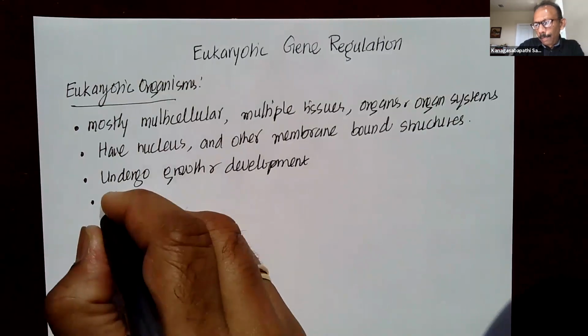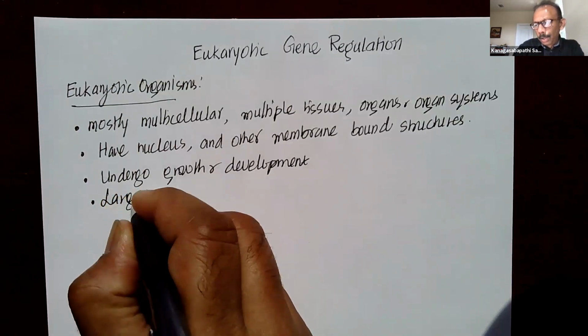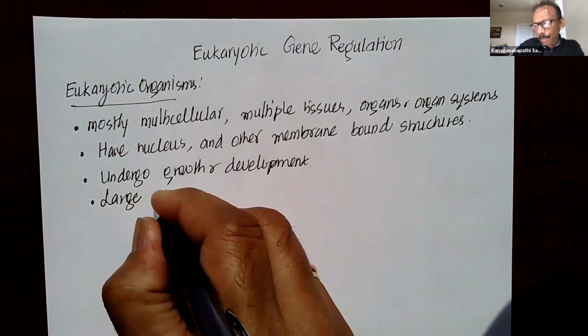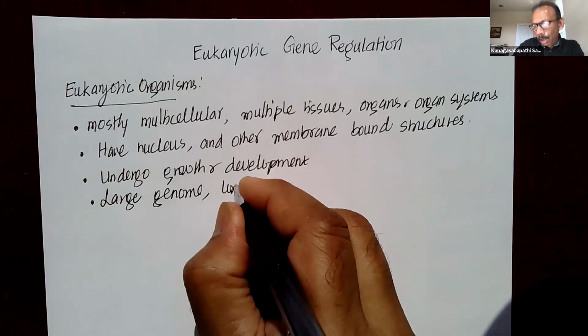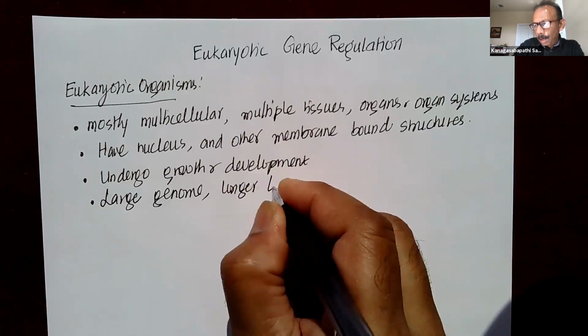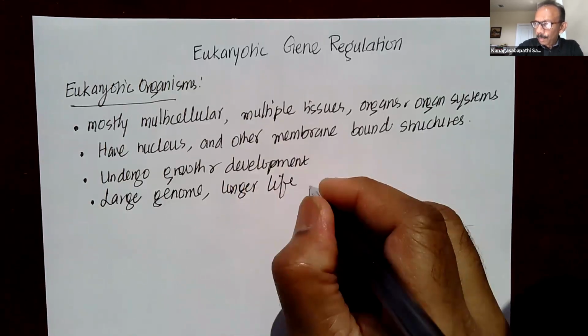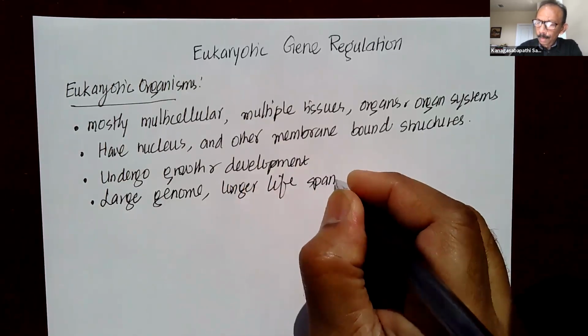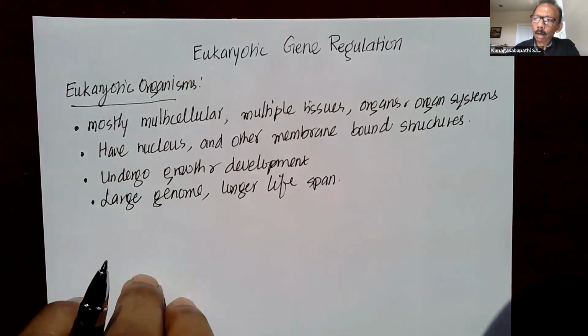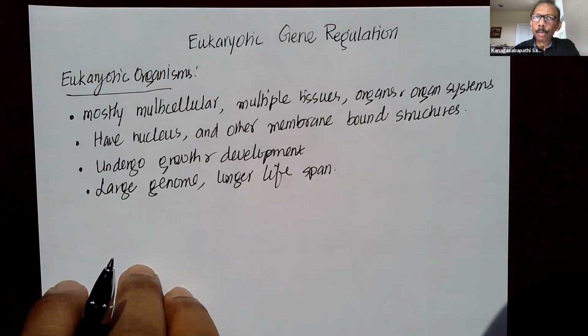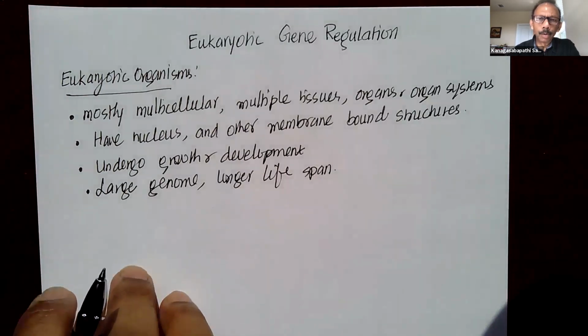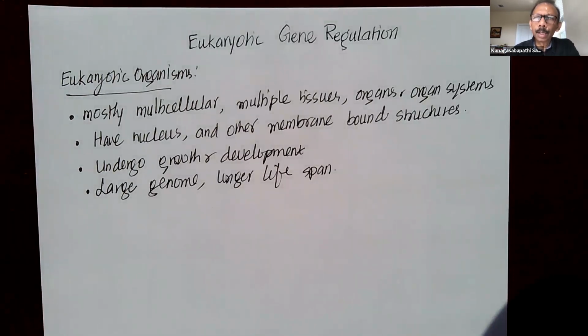And they have relatively large genome and longer lifespan. Okay, so overall, it's a more complex needs compared to prokaryotes. Okay, so we had to address all these things in terms of gene regulation.